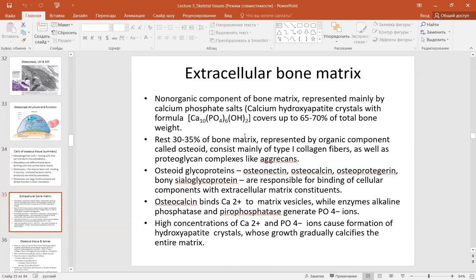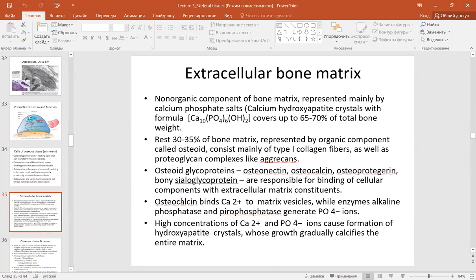of the bone matrix is represented by the organic component called osteoid, which consists mainly of type 1 collagen fibers as well as proteoglycan complexes like aggrecans. Osteoid glycoproteins, osteonectin, osteocalcin, osteoprotegerin, and bone sialoprotein are responsible for binding of cellular components with extracellular matrix constituents.